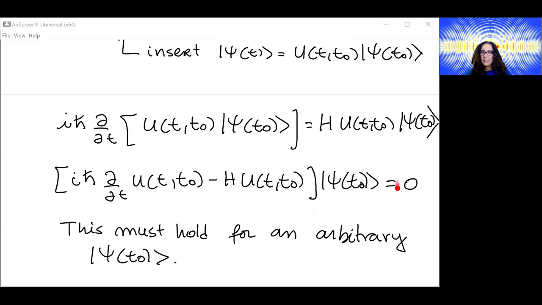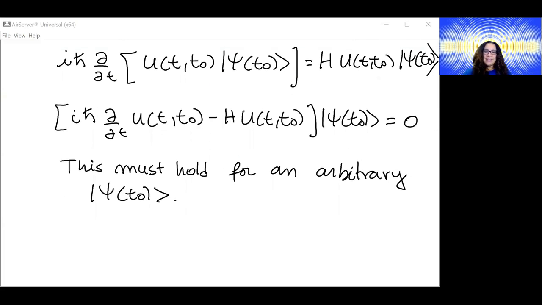If this is equal to 0, either this whole bracket can be equal to 0, or this guy can be equal to 0. But then you have a very, very specific ket, and we want this to be general. And we are saying that this then must hold for an arbitrary |psi(t0)>. Otherwise, it's not much help, right?